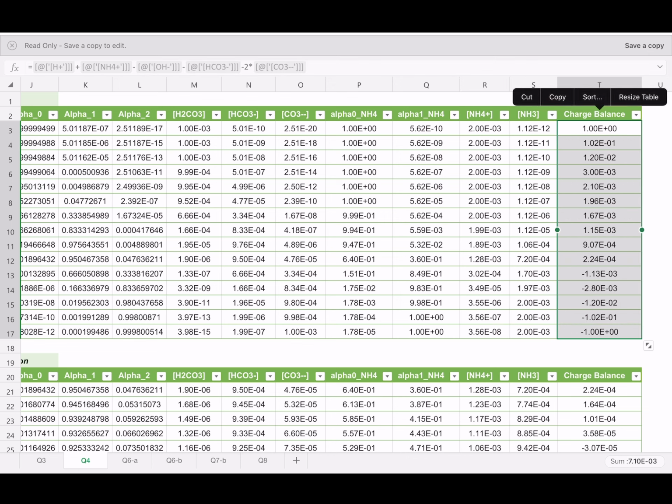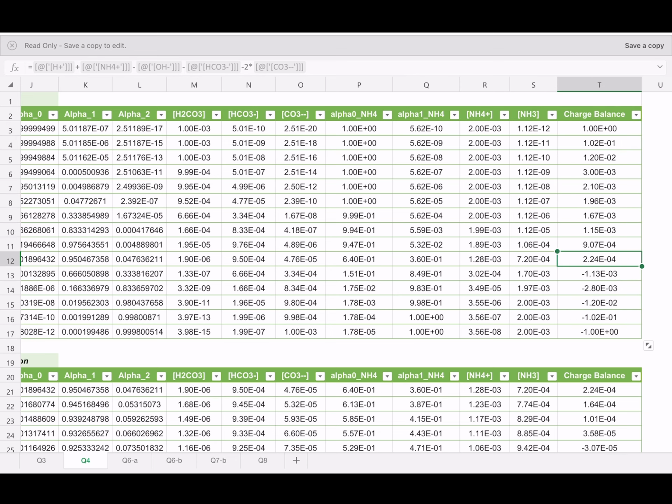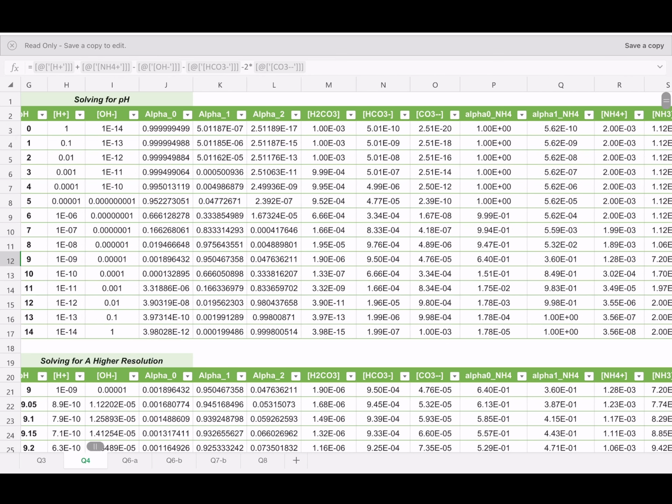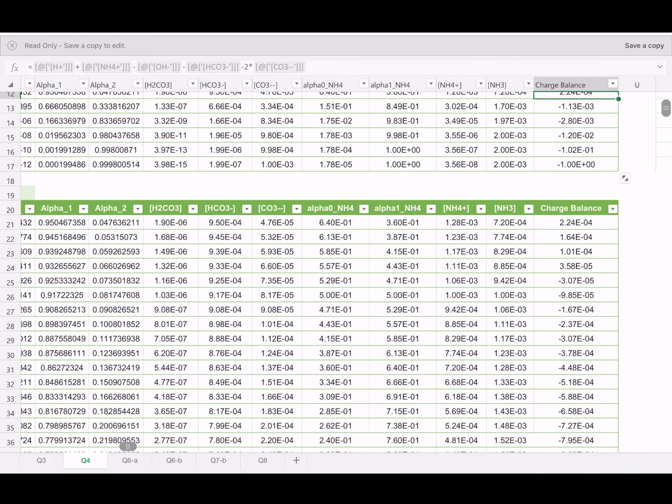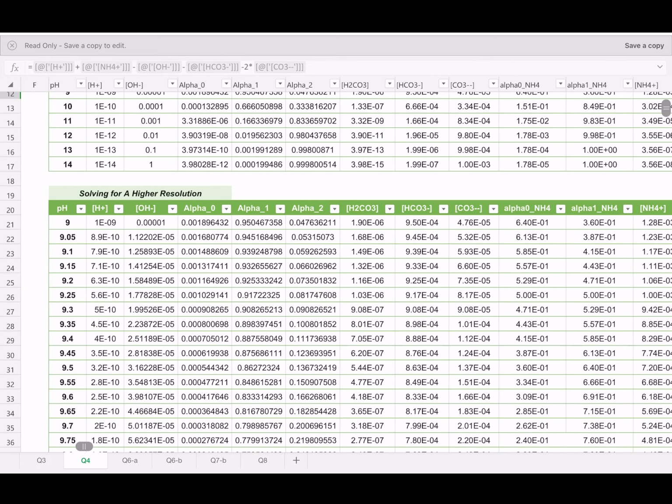And then we have the charge balance term that we always have, all the positively charged minus the negatively charged species, considering the stoichiometric coefficients, and then look for where we have a change in pH. In this case, we have it between pH of 9 and 10. So we go and zoom in between pH 9 and 10.